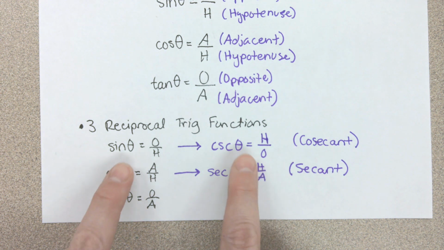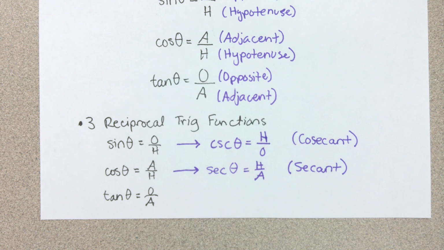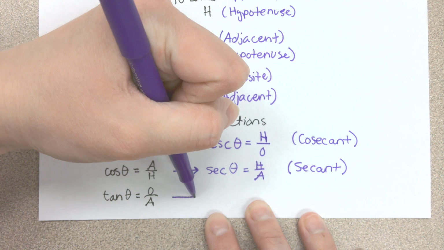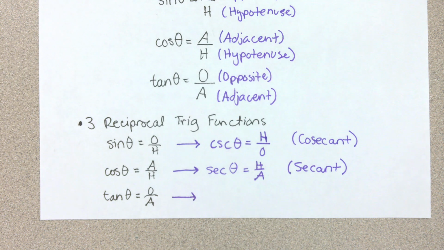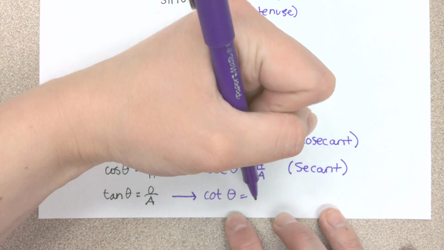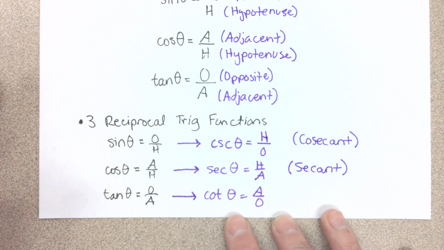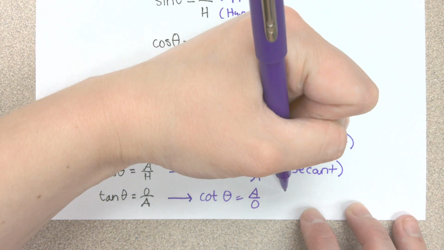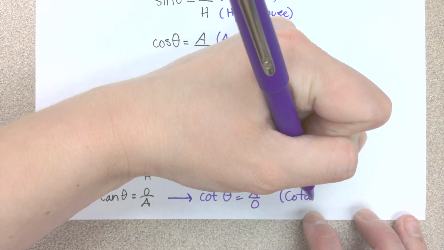So keeping these 2 pairs straight is going to be a little difficult. The good news is on your test and quiz, we will set these up for you and put the pairs right next to each other so you don't have to do that work. Just know it will always be set up that way. Luckily, tangent is the easiest one to pair up with its reciprocal. It's COT theta equals A over O, and COT is short for cotangent.